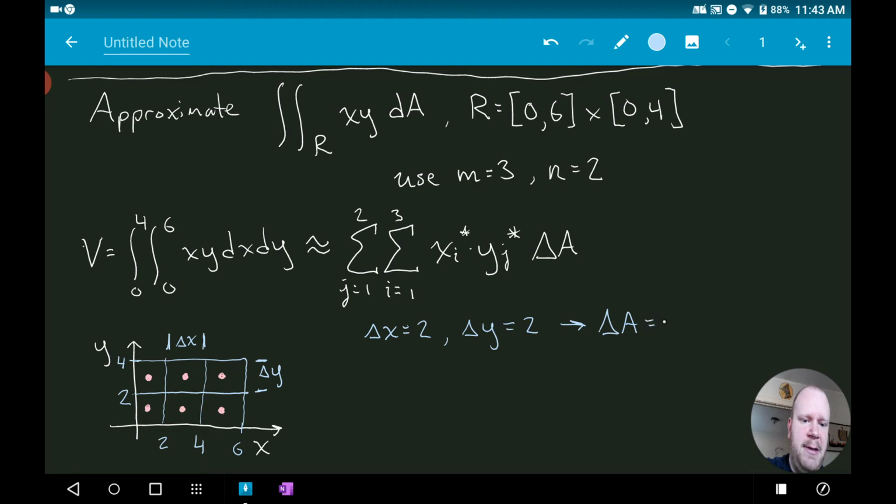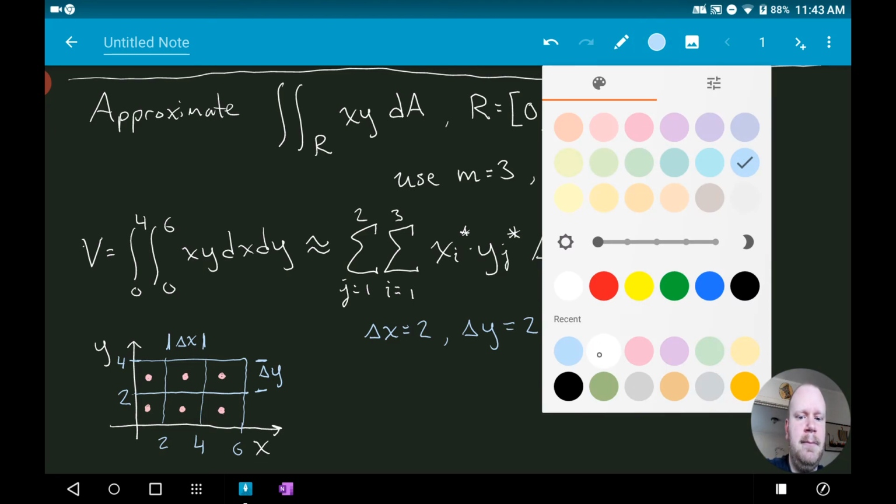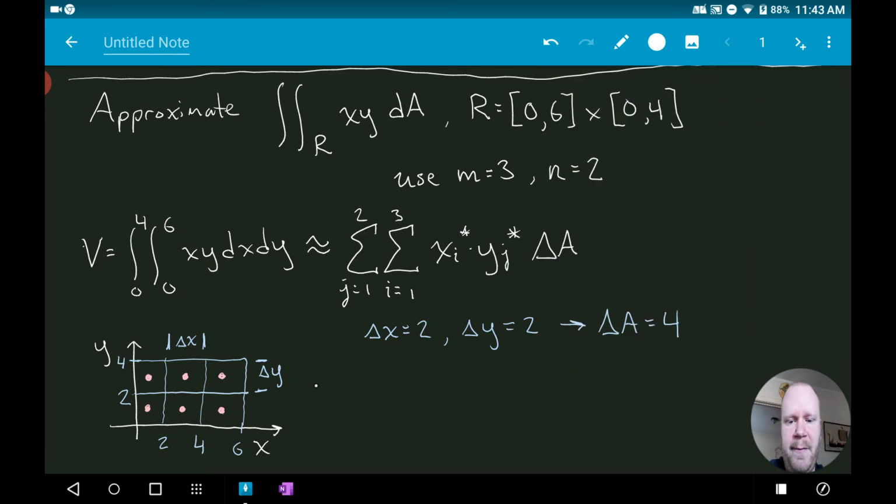So that means that delta A is going to be equal to 2 times 2, or 4. So from above here, this double summation is going to be equal to 4, that's my delta A, times every single one of these function values evaluated at each of these points.